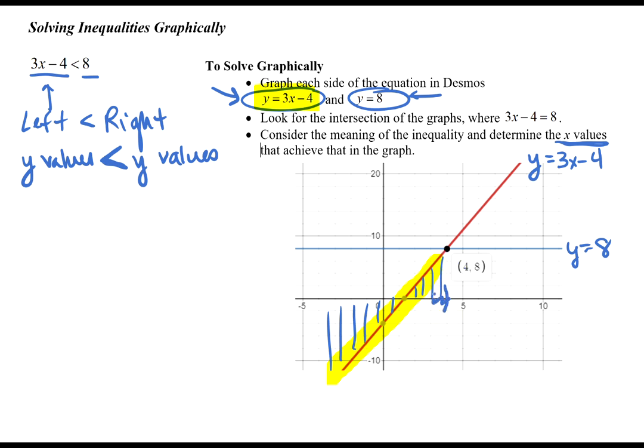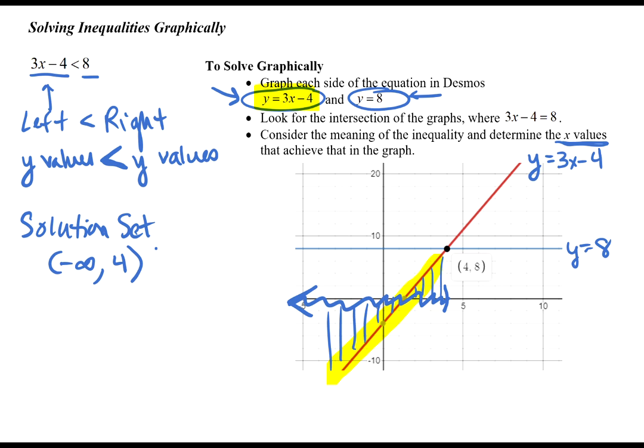And then we're going to be shading all the way to the left. So our solutions for this inequality, or our solution set, would be an interval of numbers, just like we've seen when we solve algebraically, but it would be from -infinity to 4, the intersection point, but we're not including 4 because this inequality does not have an equals in it.